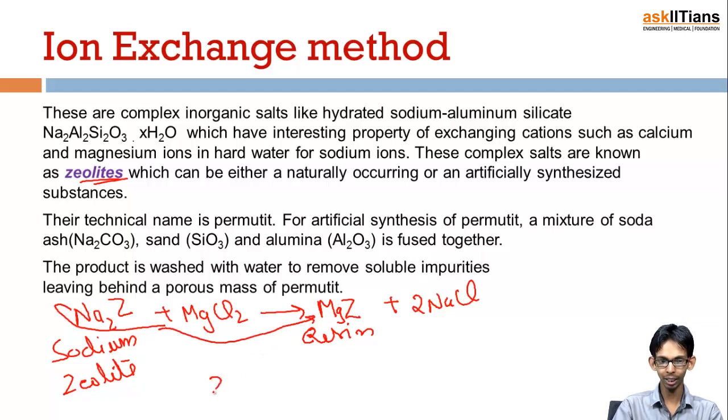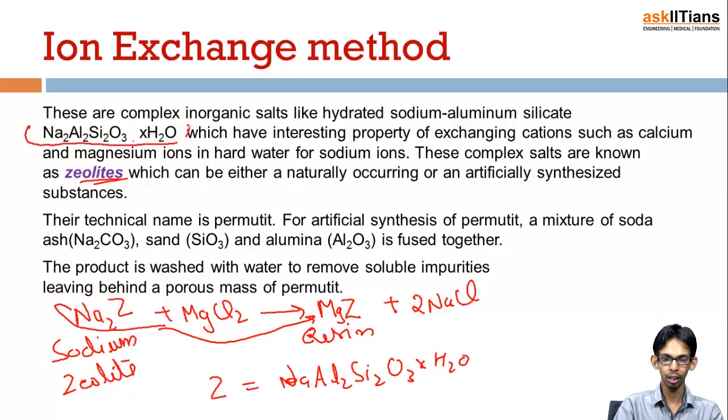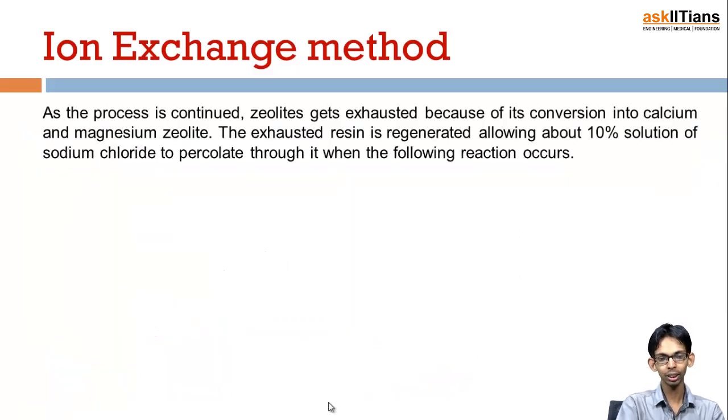And the formula of Z is most of the time Al2Si2O8.xH2O, with sodium, and this sodium is exchanged with magnesium. If the process is continued, the zeolite gets used up because of its conversion into calcium and magnesium zeolites.